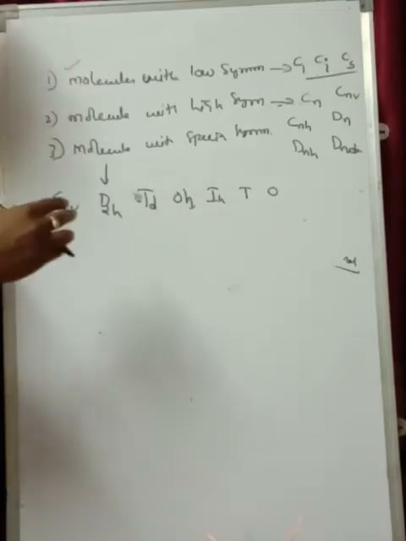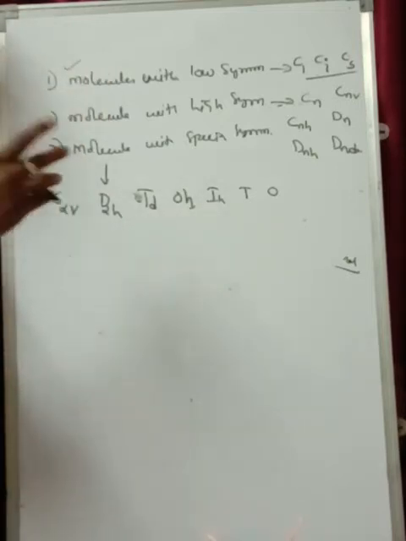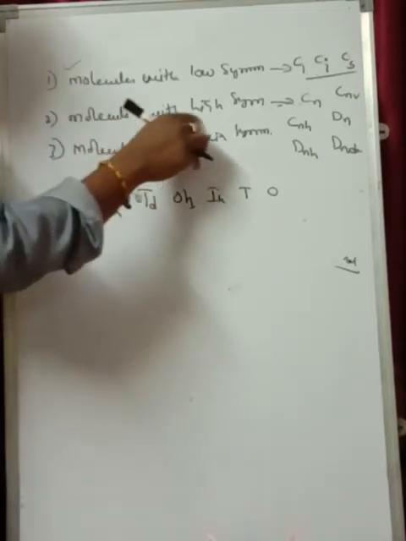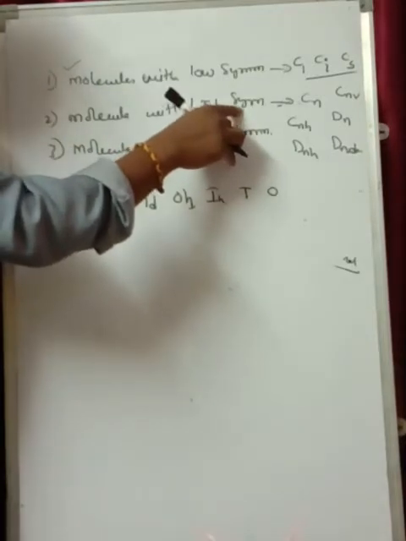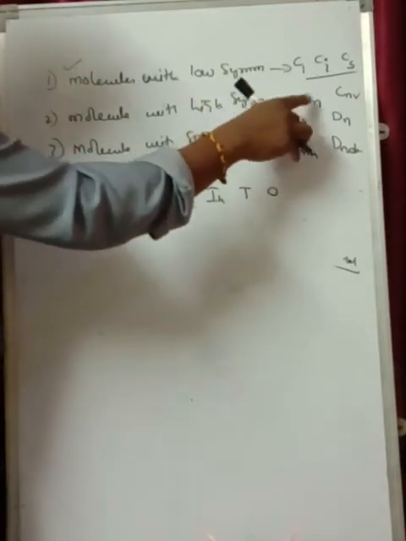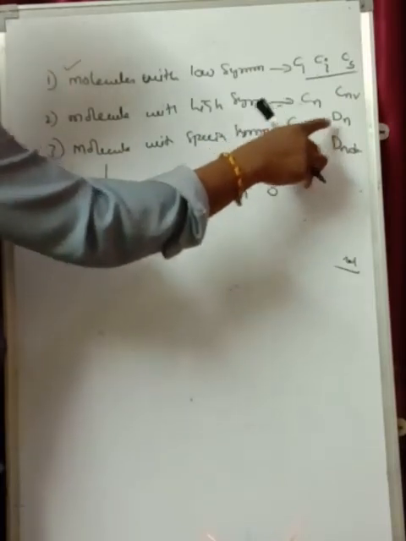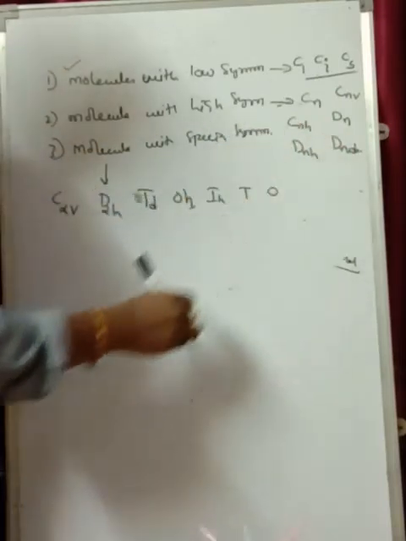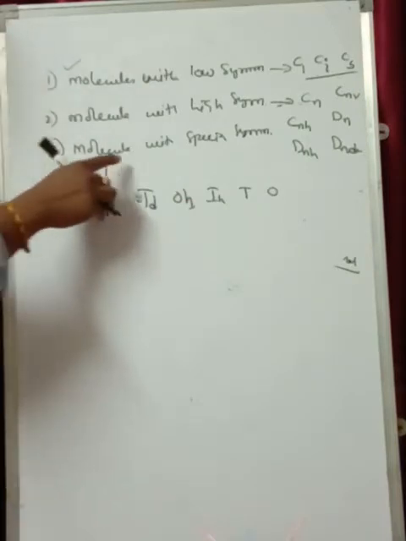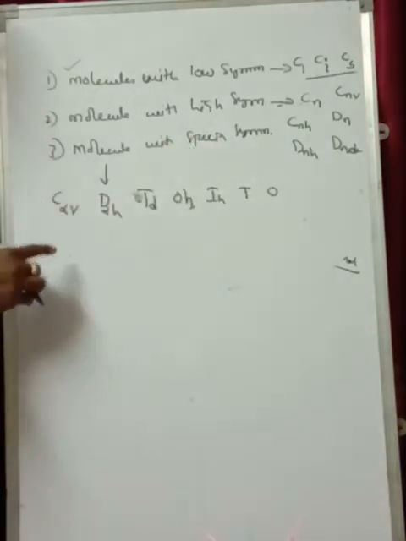Molecules with more symmetry elements are categorized as high symmetry, with the Cn, Cnv, Cnh, Dn, Dnh and Dnd point groups.